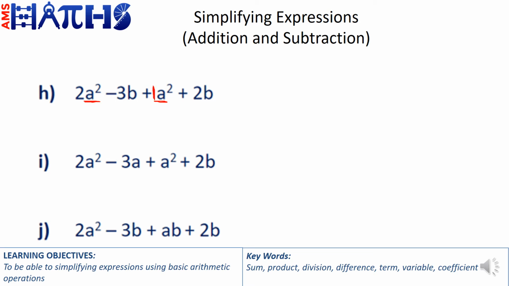So the name of the terms is a squared, and then the coefficient, or the number in front, will tell you how many of them we have. So we have 2a squared plus 1a squared, which should give us 3a squared.